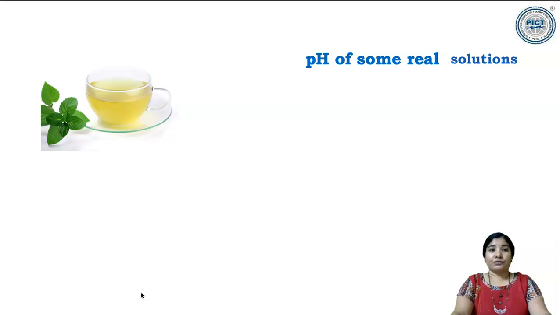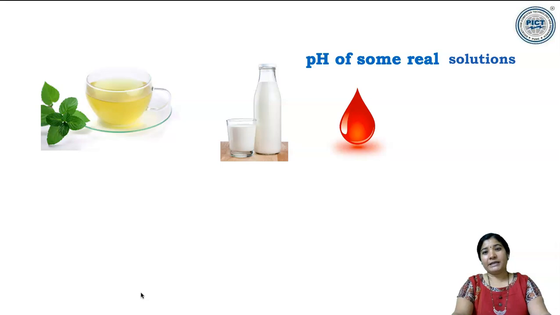The pH of lemon tea or lemon juice is acidic in nature, more acidic as compared to milk, and milk is more acidic as compared to a drop of blood. So you may know the pH of a blood drop, what is it? Yes, any guess? It is more than 7.